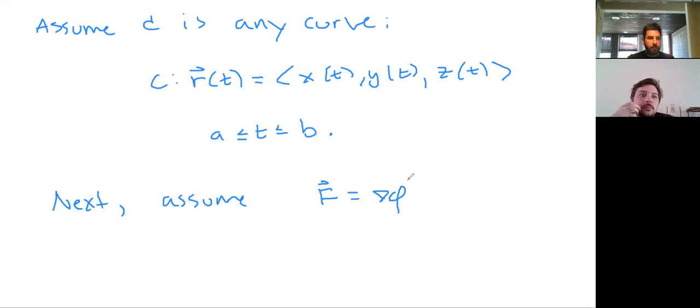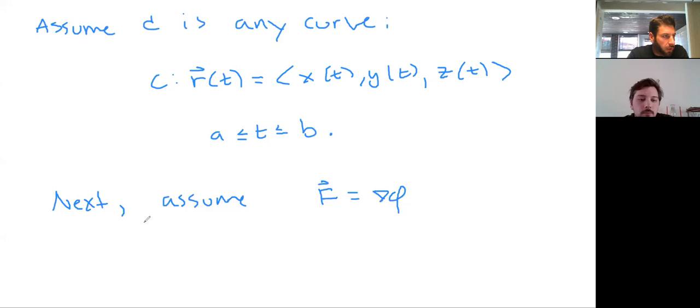Now we have to be very careful here. F takes on an input of x, y, z. It spits out 3 components. Each one of those components can take on x, comma, y, comma, z.